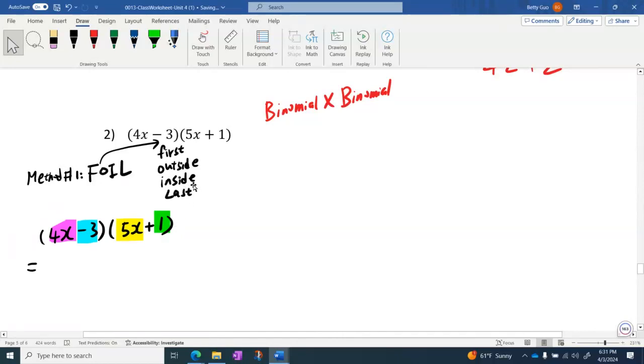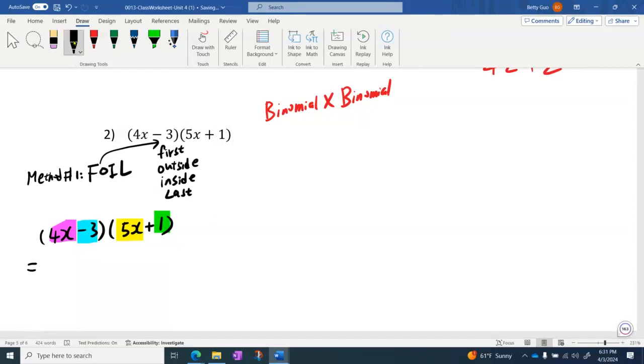Inside refers to negative 3 and 5x, the blue and the yellow. Last means the blue and the green, because the blue term is the last term in the first parentheses, and the green is the last term in the second parentheses.